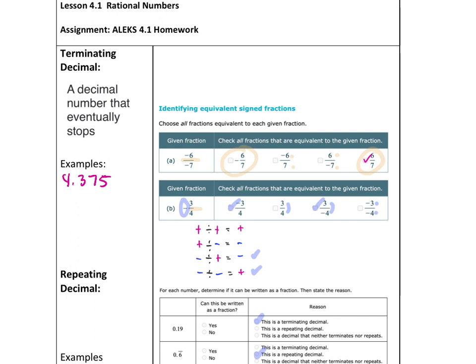It stops. Or 0.05, or 1.78934. It ends, it stops. It doesn't have anything that continues on.